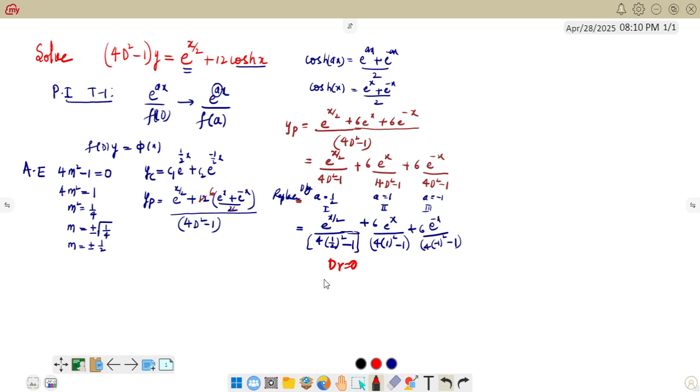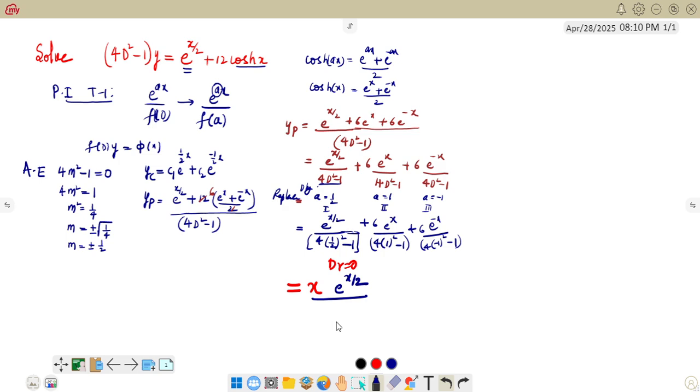So in case the denominator is 0, what we do is multiply the numerator by the independent variable x, and keep e raised to x by 2 as it is, divided by the derivative of the denominator.